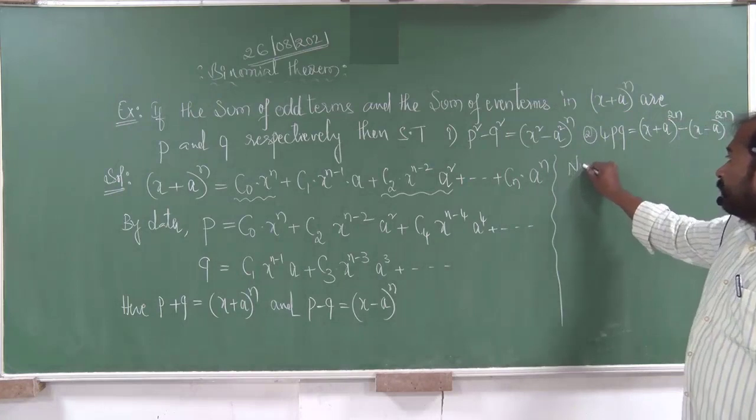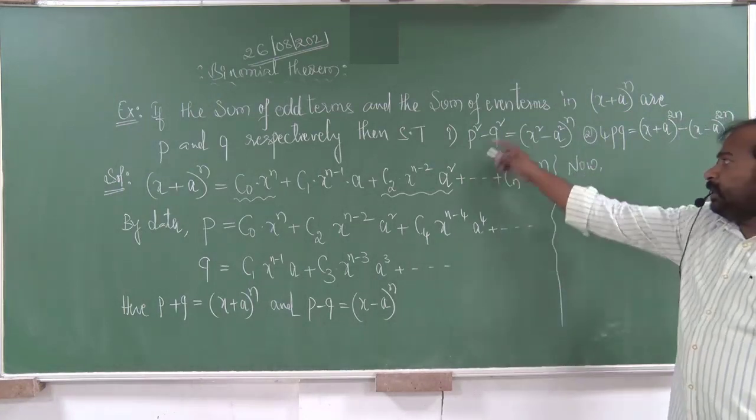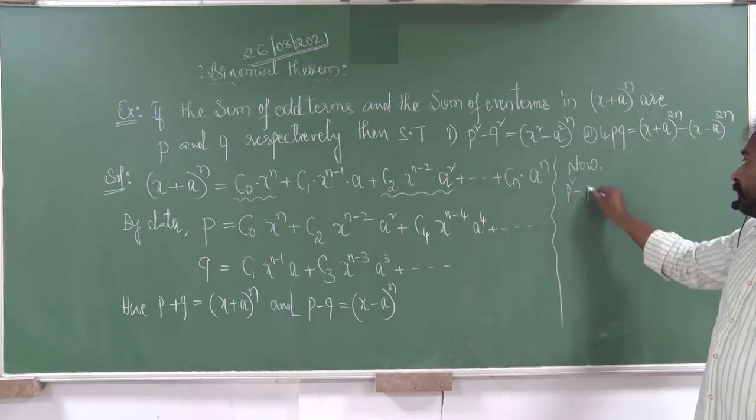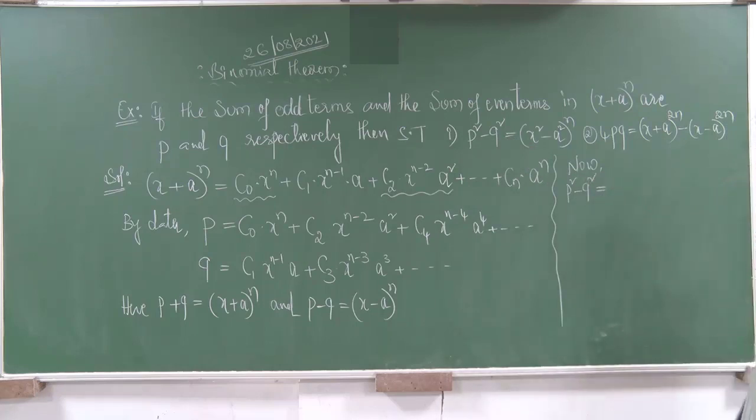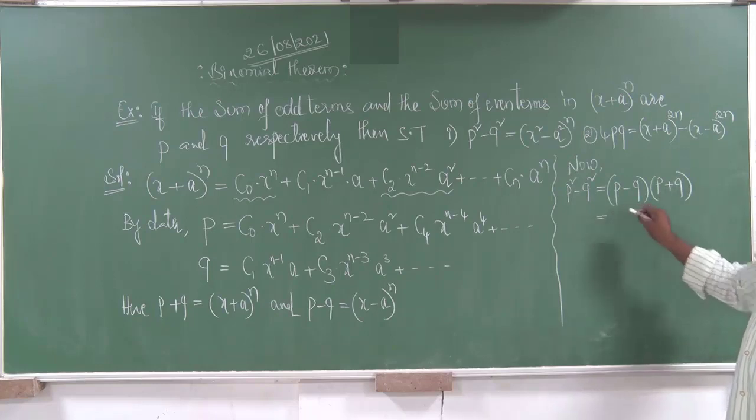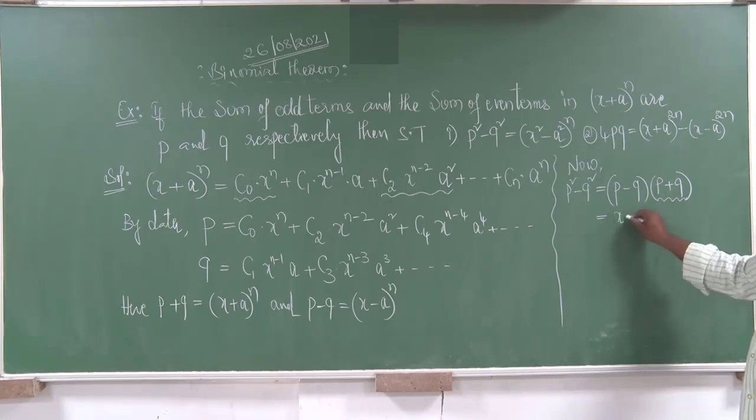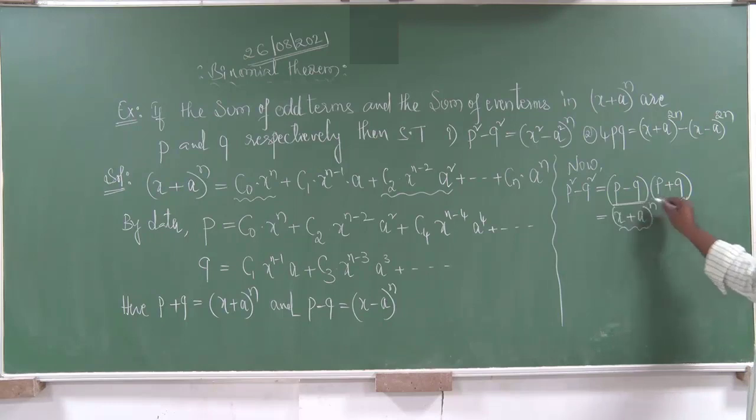Now P² − Q². According to the formula, P² − Q² can be written as (P − Q)(P + Q). First of all, the P + Q value: P + Q equals (x + a)^n. P − Q is nothing but (x − a)^n.